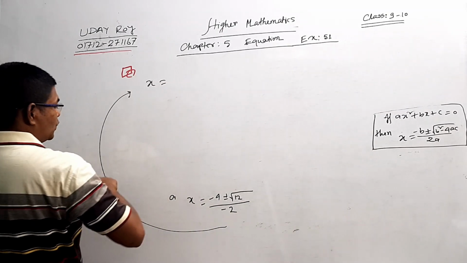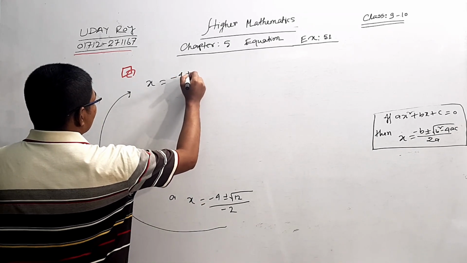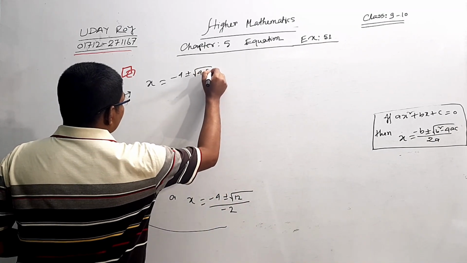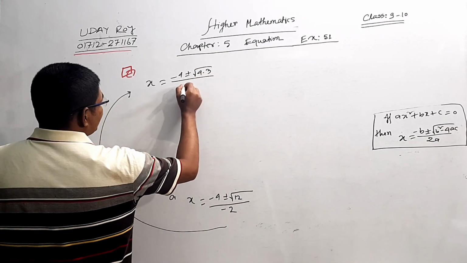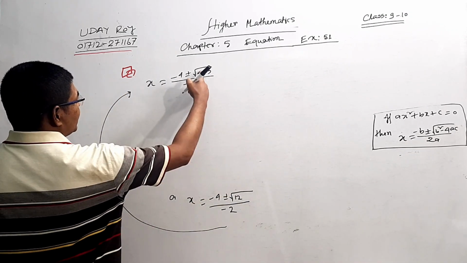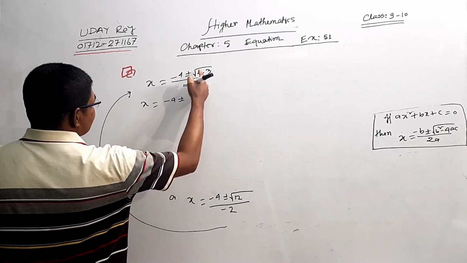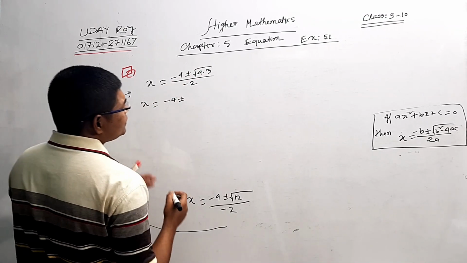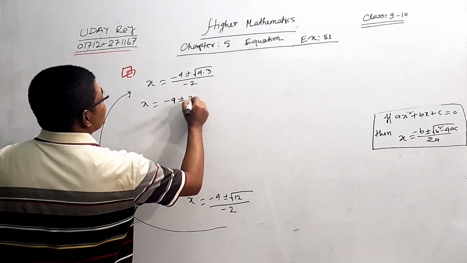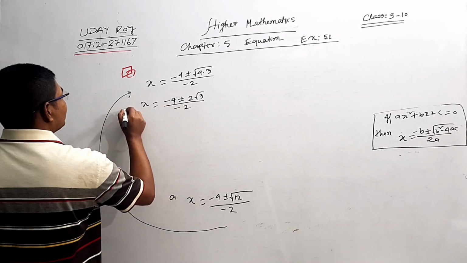X equal to minus 4 plus minus square root of 12, so 4 into 3 equal to 12. So x equal to minus 4 plus minus 2 square root of 3, divided by minus 2.